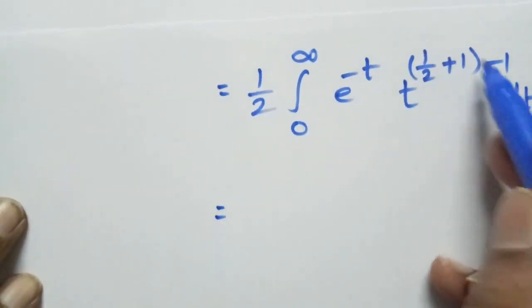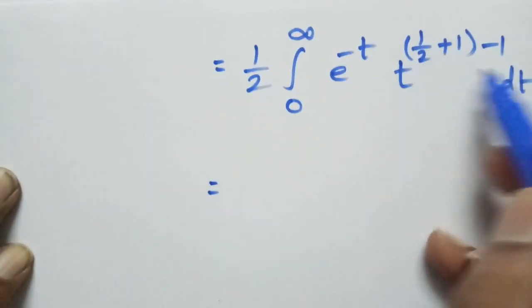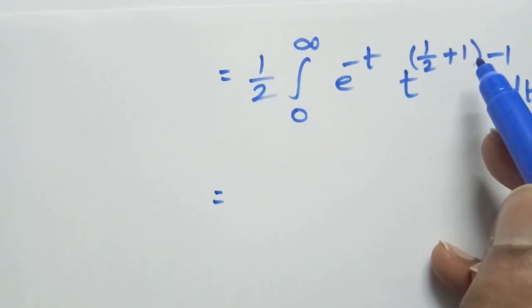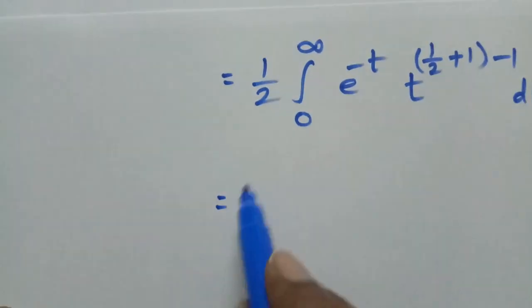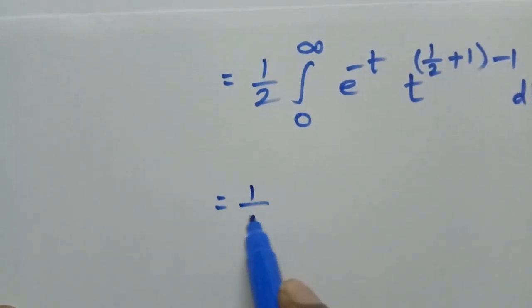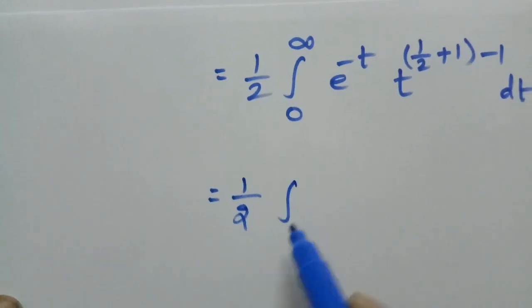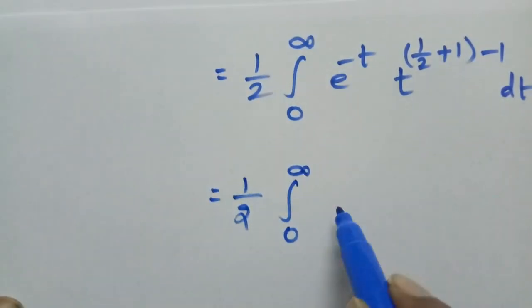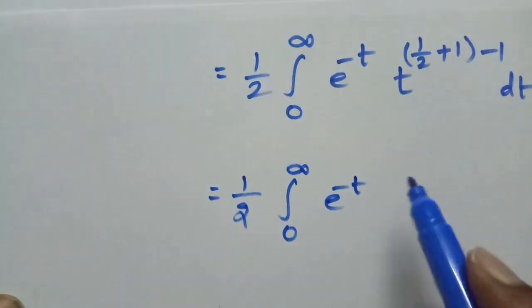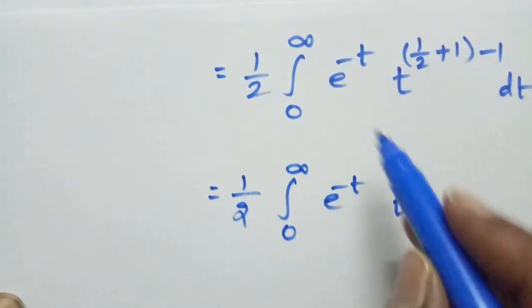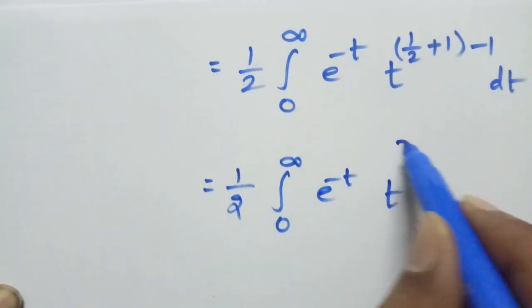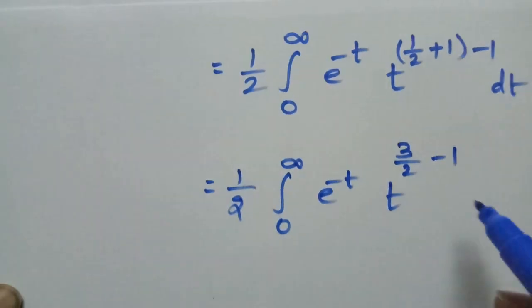To get into the form of n minus 1, we are adding 1 and subtracting 1. So therefore 1 by 2 times integral 0 to infinity e power minus t into t to the power of 1 by 2 plus 1, that becomes 3 by 2 minus 1.